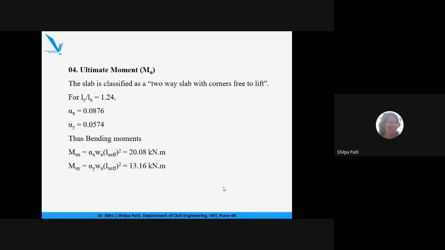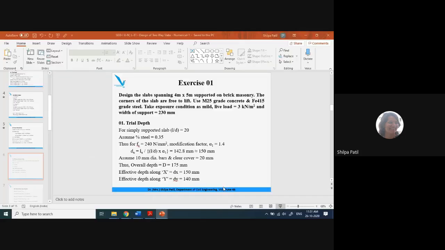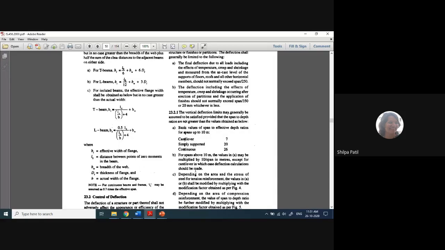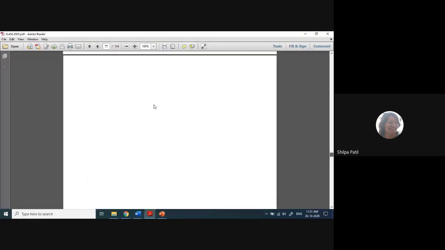Now the slab is classified as a two-way slab with corners free to lift, so we have to calculate the bending moment by making use of the coefficients. To find the coefficients, we have to use a specific table given in the IS code. Just open your IS 456 and go to Annex D, that is on page number 90.